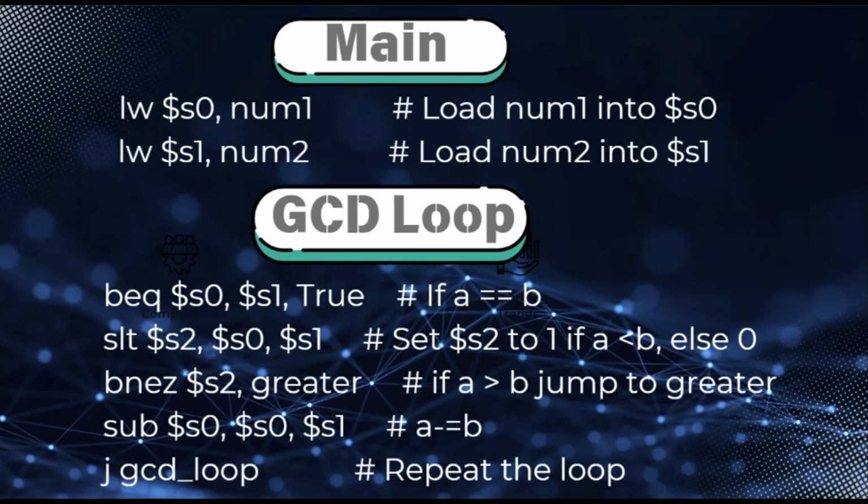And then, whether it is greater or not, it will go to the subtraction of register S0 and the value in register S1 and store it in the register S0 again. Then it will jump to the GCD loop again until we get the value A equal to B.